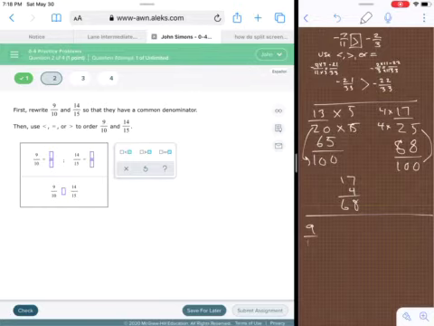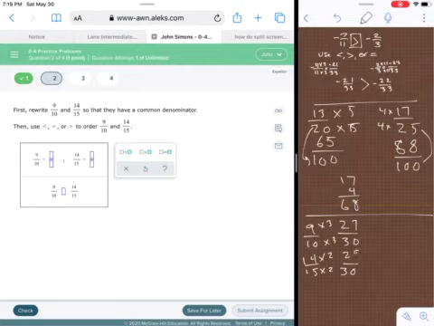So if we're going from 9/10ths to something 30ths, we're multiplying by 3. All right, so 9 times 3 is 27. So I have 27/30ths over there. And then to go from 14/15ths to 30ths, you're multiplying by 2. And 14 times 2 is 28.